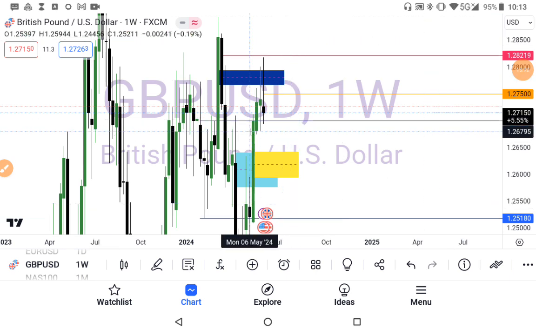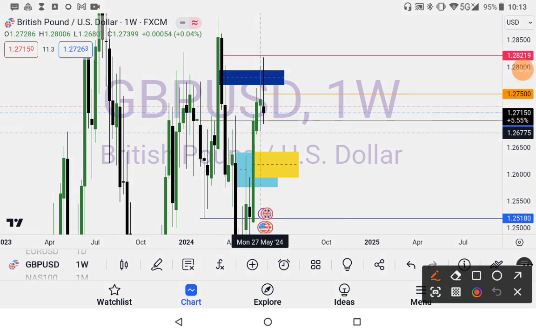So the previous week's low comes in at 1.26800, which is synonymous to 1.26500, 1.26801. Sorry, 807, if I'm not mistaken.